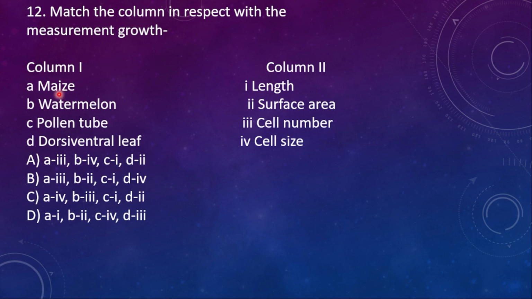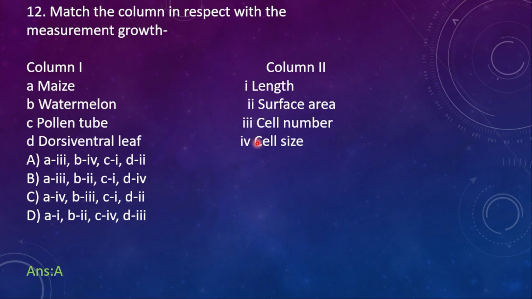And A is maize with respect to cell number, and then watermelon cell size. Maize is cell number and then watermelon is cell size.